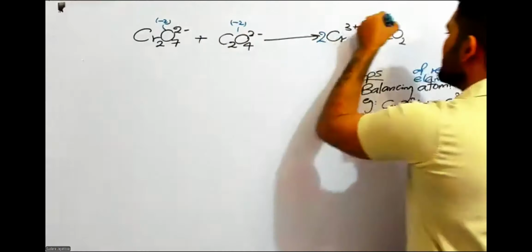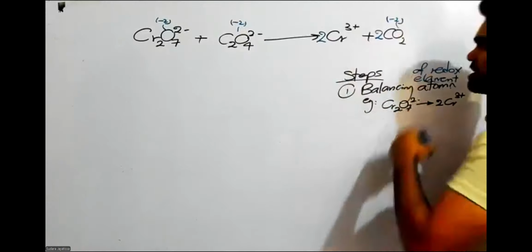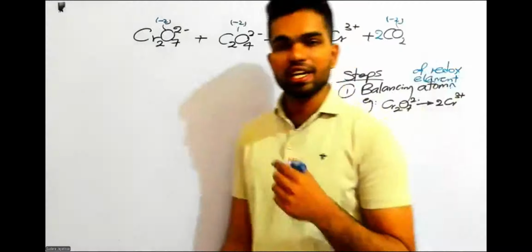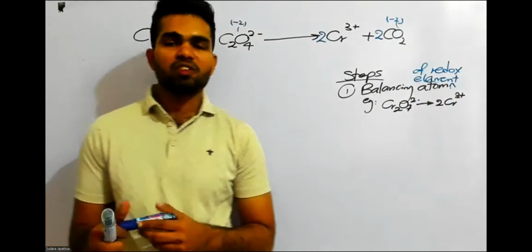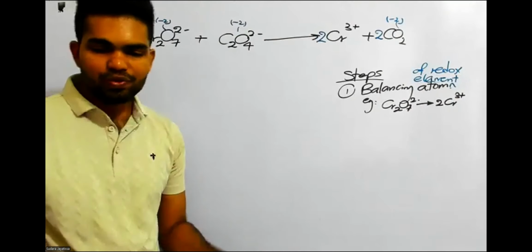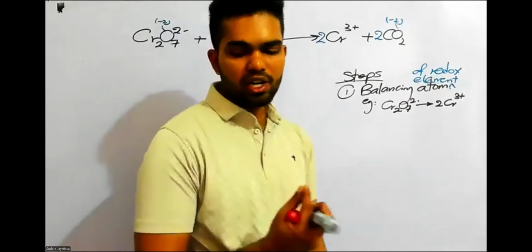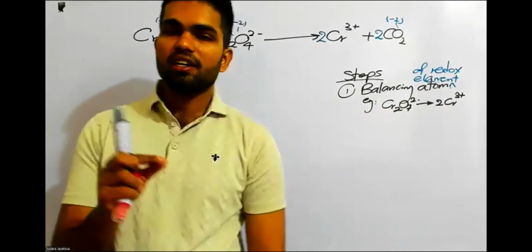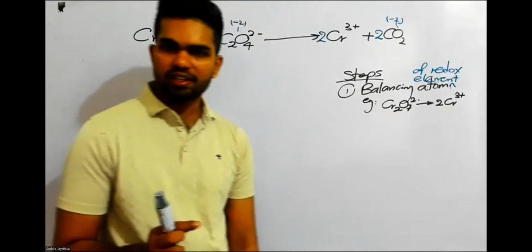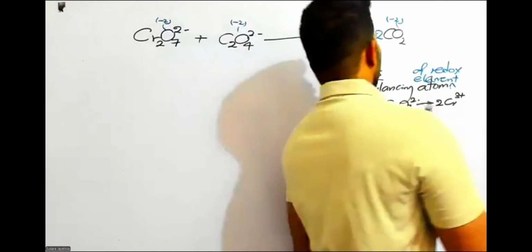Oxidation number always is -2. So oxidation number is not changed. So therefore, don't try to balance oxygen here. It will get automatically balanced at the end of this process. So you have to only focus on the redox elements, which are chromium and carbon here. Is that clear?